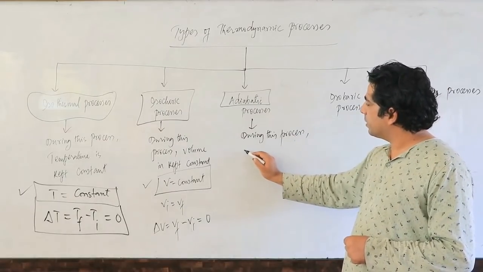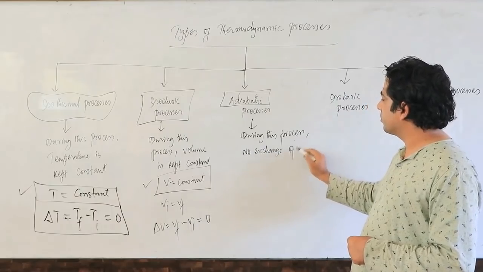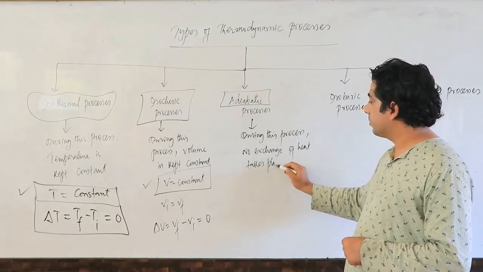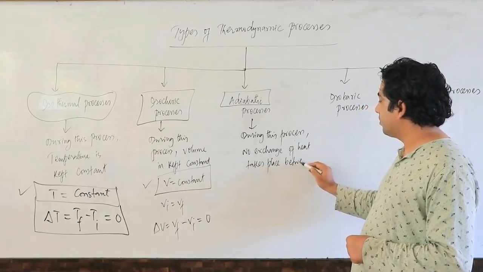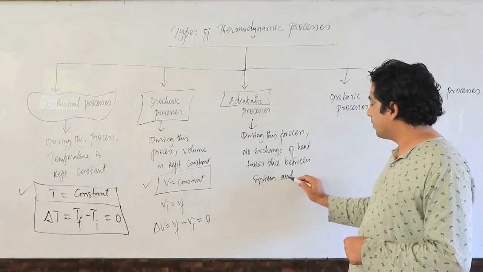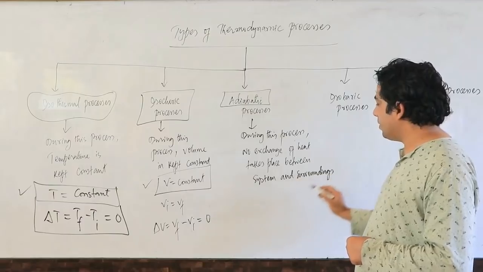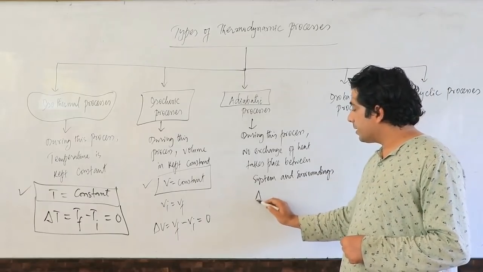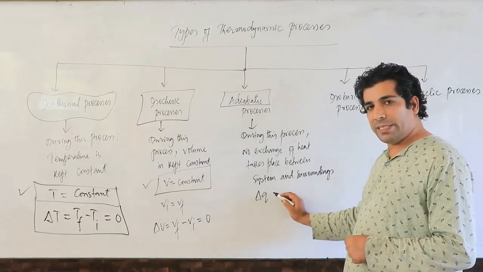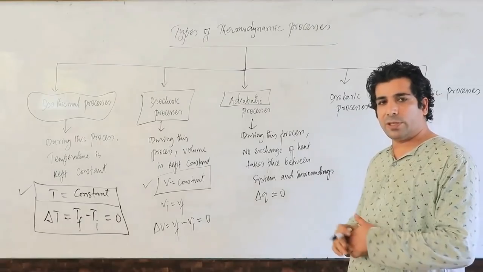During this process, no exchange of heat takes place between system and surroundings. So when there is no exchange of heat, that means delta Q, the change in heat, will be 0, because heat does not change here.